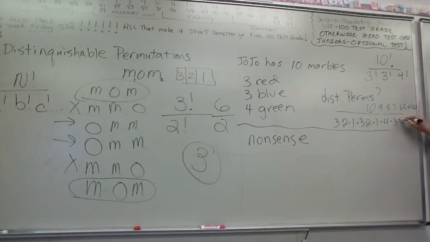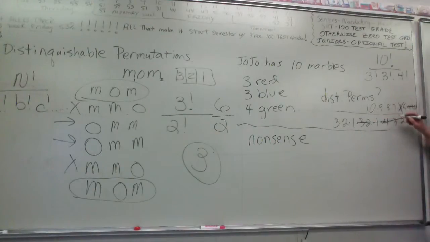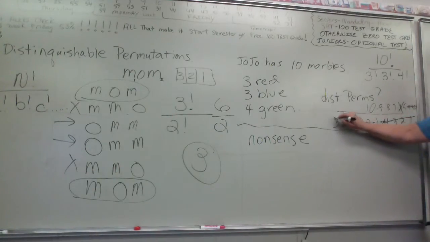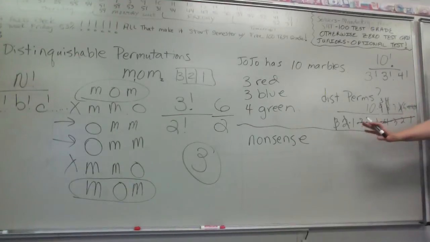So won't this 4, 3, 2, 1 cancel this 4, 3, 2, 1? Yeah. Okay, and then I got a 3 and a 2, which would cancel a 6. So we can get rid of the 6. And then I've got another 3 and 2, which could cancel, well, that 3 could cancel the 9 with the 3. And that 2 could cancel the 8 with a 4. Okay, so I've canceled out the bottom.